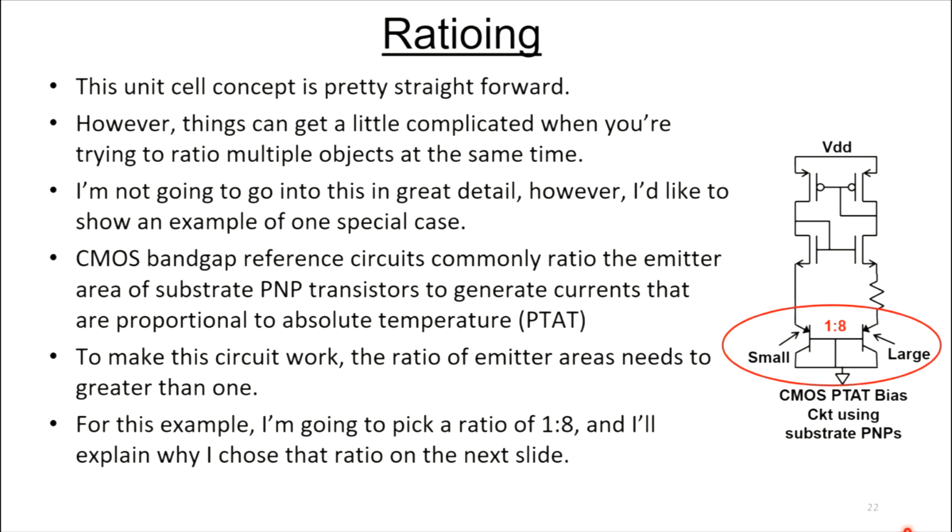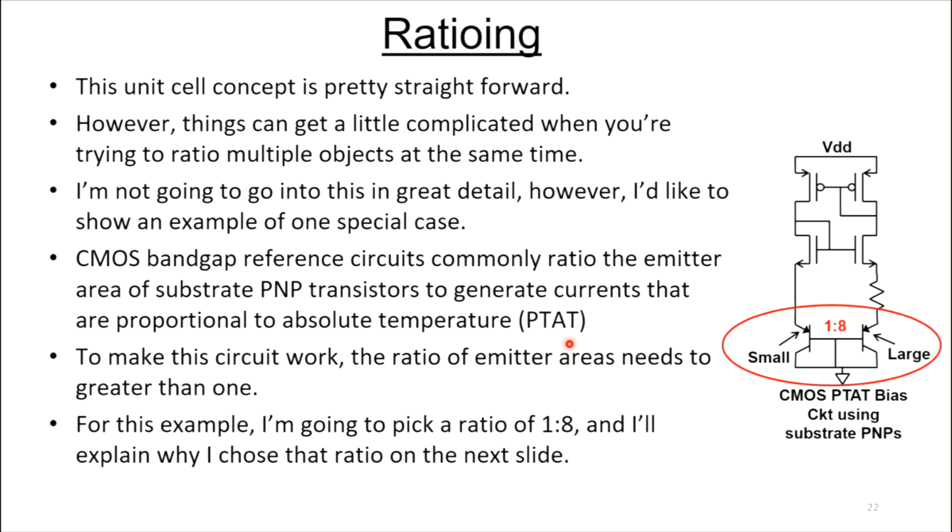However, things can get a little bit complicated when you start trying to ratio multiple devices at the same time. I'm not going to go into this in a whole lot of detail, but I do want to show one specific example of how this works. In a CMOS bandgap reference, we commonly ratio the emitter areas of substrate PNP transistors, these guys down here, to generate what's known as a current that's proportional to absolute temperature.